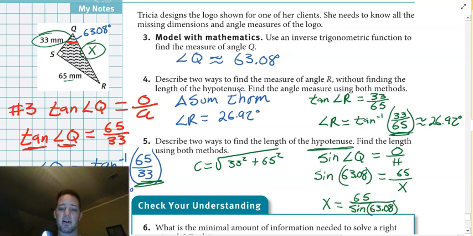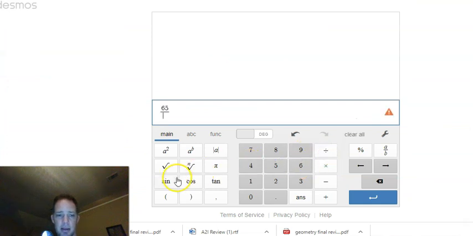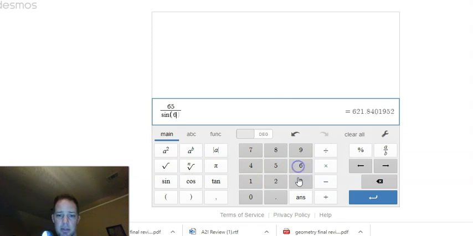Okay, let's plug that in our calculator and see what we get. 65 divided by sine of 63.08, and it is in degree mode. I get 72.899 or 72.90 as the length.